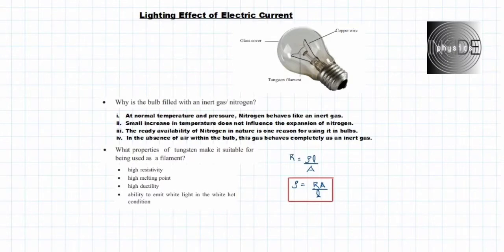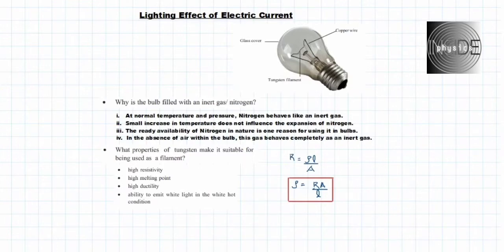So if we use a smaller length of tungsten, it will have a high resistance. This is because of the easy manufacturing of the incandescent bulb. So high resistivity is one property.